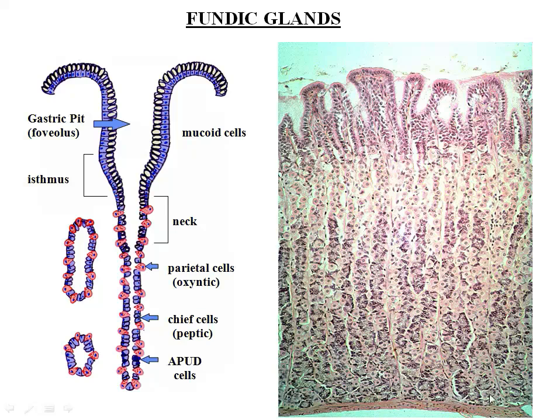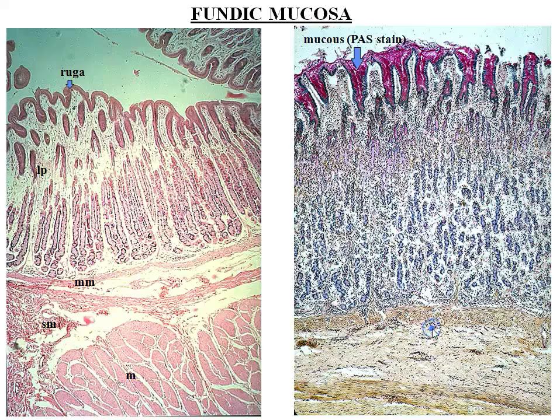And some are at the base; there must be some APUD cells. So on the basis of this changing color pattern in a single gastric gland, you can separate the three types of secretory cells.